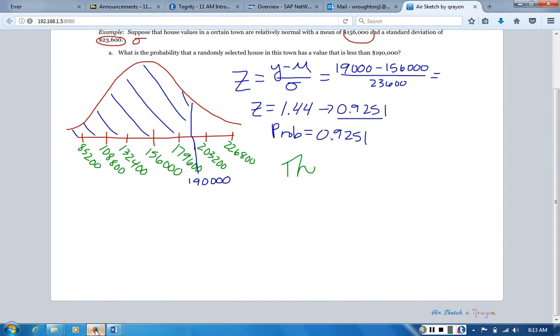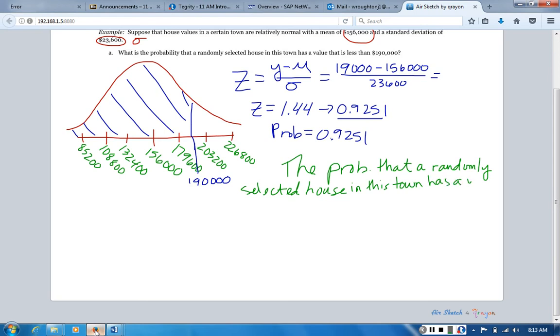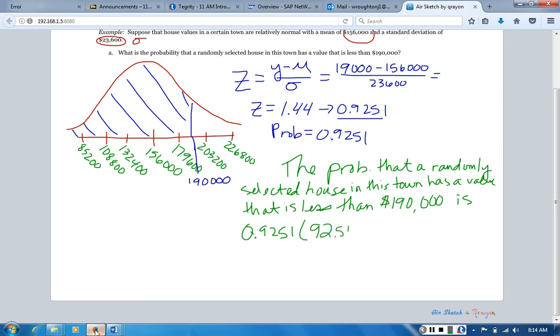I can say the probability that a randomly selected house in this town has a value that is less than our $190,000 is 0.9251, or I can change it to a percentage of 92.51%.